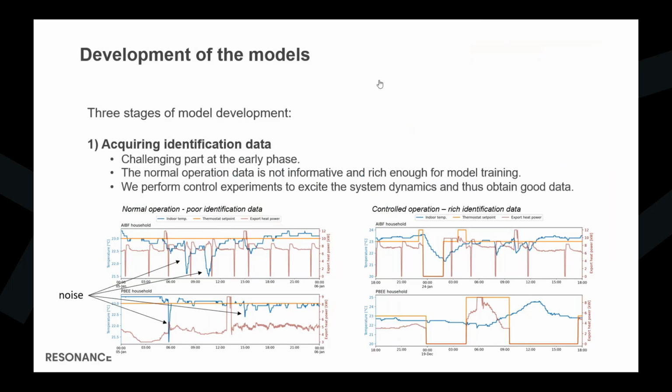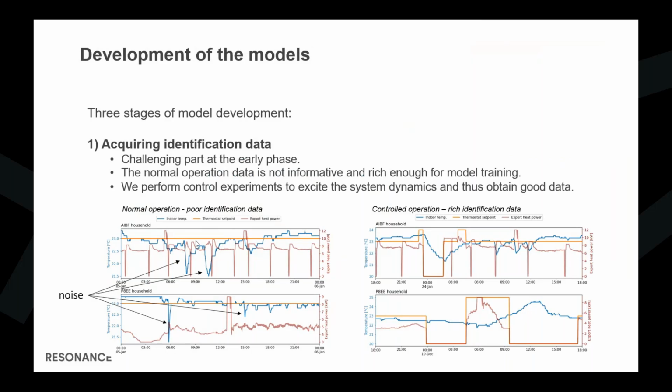The normal operation data that usually comes from the household is not really informative and rich enough for model training. Therefore, we need to perform certain control experiments to excite the system dynamics enough and thus obtain good data. For example, here I show the data from one day for two households under normal operation, which represents poor identification data.